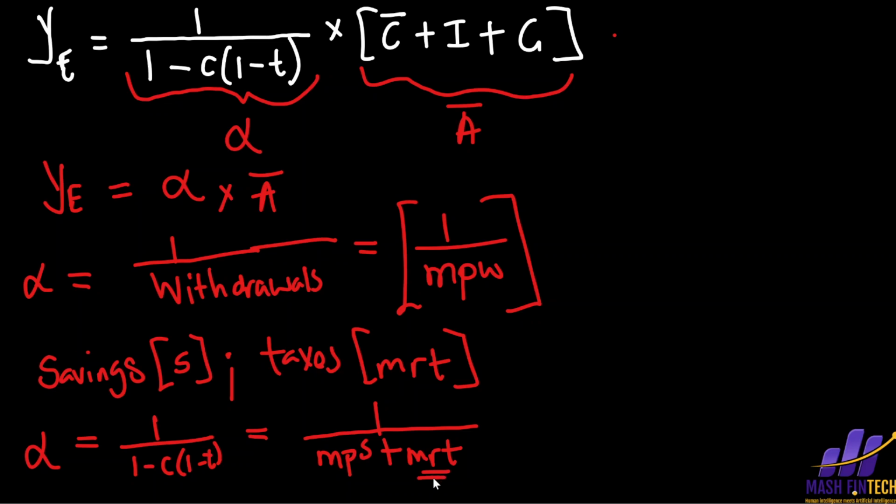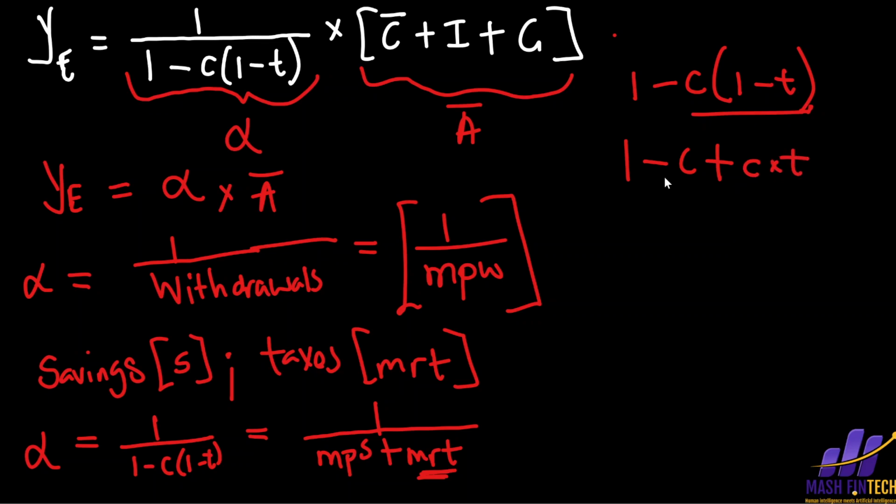What is this? Let me show you. Just going to write the denominator. The denominator is 1 minus the marginal propensity to consume, times 1 minus the tax rate. If you expand this, you're going to have 1 minus c, then a positive and a negative, and the negative gives you a plus: the marginal propensity to consume times the tax rate. So 1 minus c, this part we know is the marginal propensity to save.